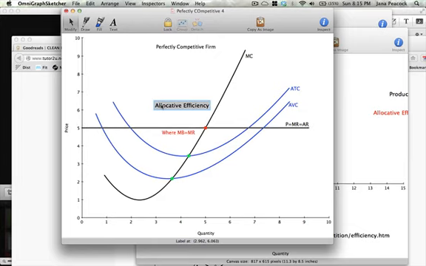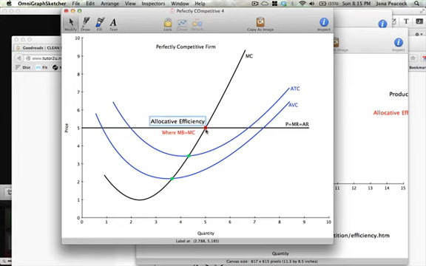For a firm to be allocatively efficient, they produce where marginal cost equals marginal benefit. So an allocatively efficient firm would produce where the marginal cost, whatever the cost the firm has, reaches the marginal benefit to the consumer, which is the amount the consumer is willing to pay.